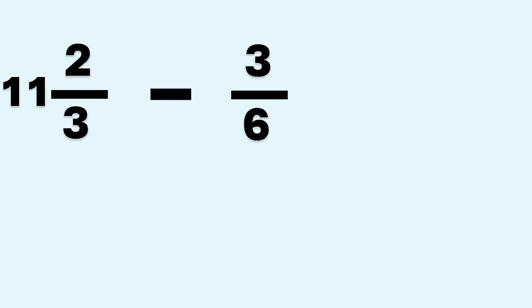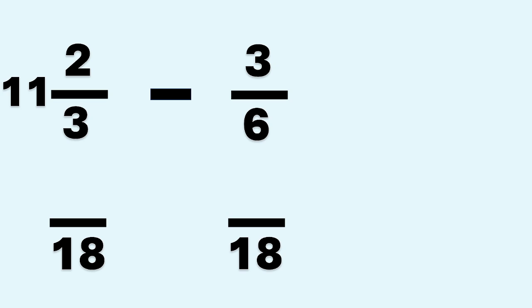So 18 will be our LCD. We start with 2/3. We are going to rename that fraction with an equivalent fraction with the denominator of 18. Now we are going to divide the LCD 18 by the denominator 3. So 18 divided by 3 equals 6.